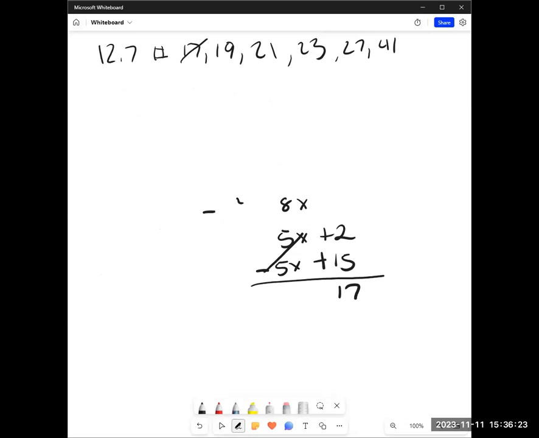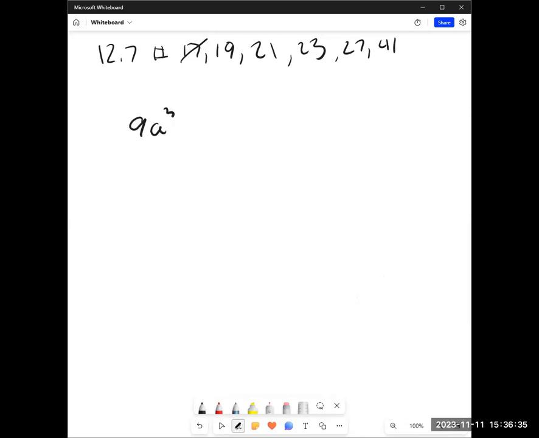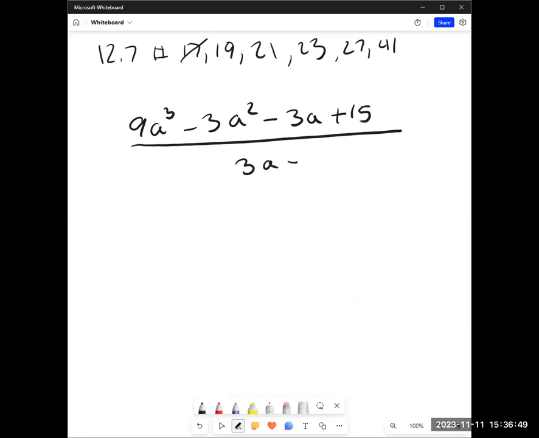Let's do a few more examples here. This next one is 9a to the third minus 3a to the second minus 3a plus 15 over 3a plus 2.